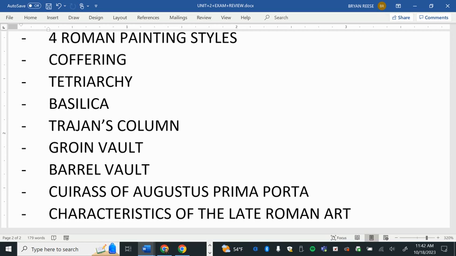And then after that, with the statue of Augustus Prima Porta, that was idealistic. They showed the figures as godlike. They were perfect. It was idealized, the perfect proportions to make them look like gods. And then at the end of the Roman Empire, they look abstract. They look cartoonish. That's called iconic.